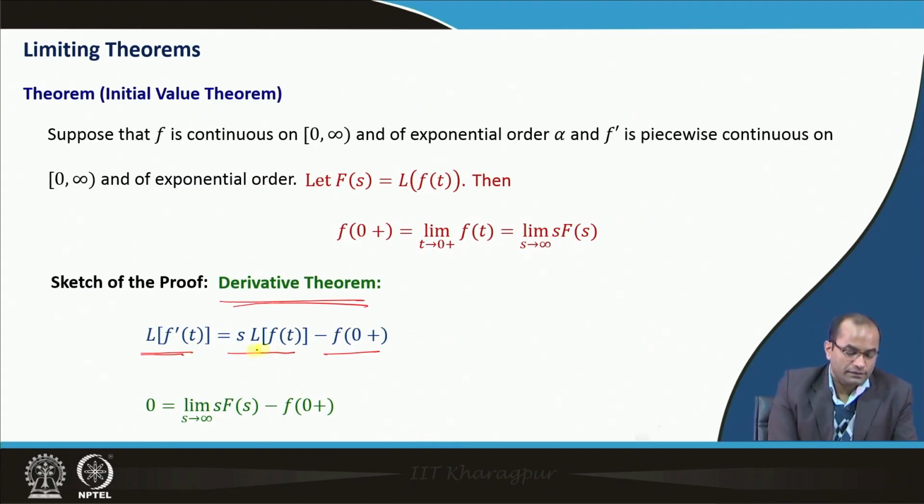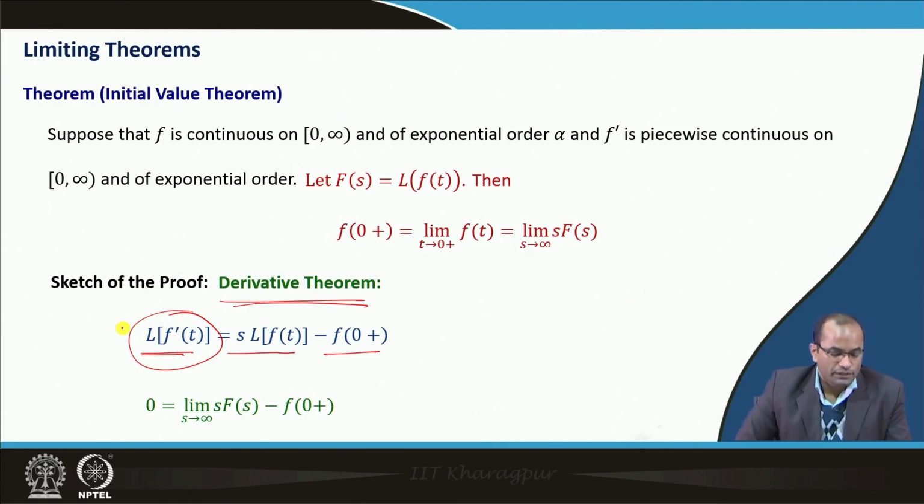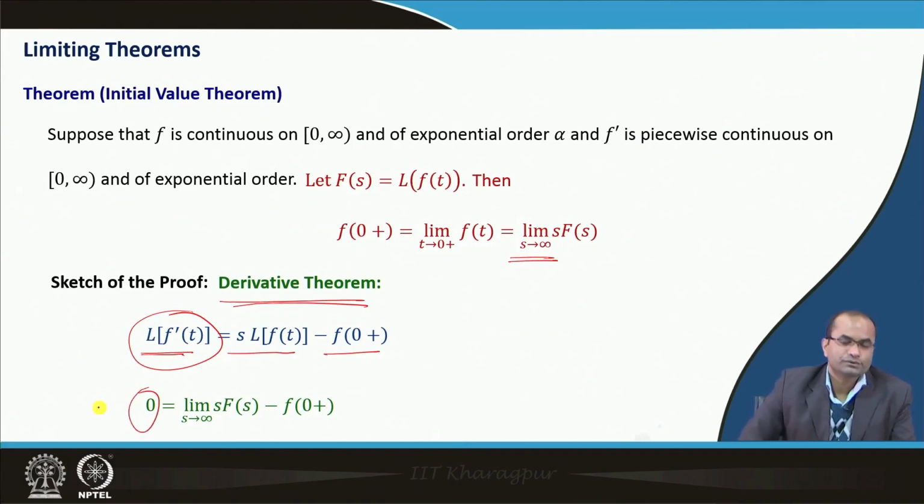We will get the Laplace transform of this f prime(t). We know already that f prime(t) is piecewise continuous and of exponential order, and when we take s approaches infinity, we already discussed before that the Laplace transform will go to 0. So, this result follows from the earlier discussion that the Laplace transform of piecewise continuous functions of exponential order goes to 0.